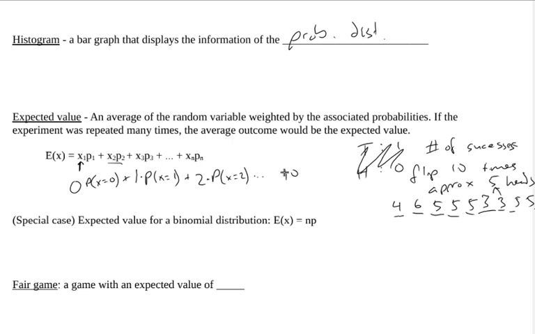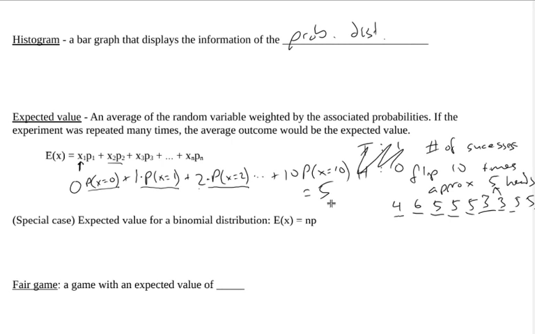We'd go all the way through plus 10 times the probability that x equals 10. Since we're doing this, it should remind you of an average. Each of these is a probability, so these are weights. We're adding up 0 with a particular probability, 1 with a particular probability, 2, and all the way up through 10 with their probabilities. In this instance, this would come out to be exactly 5.